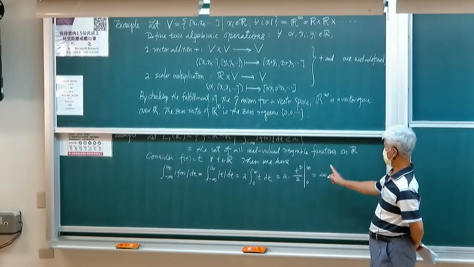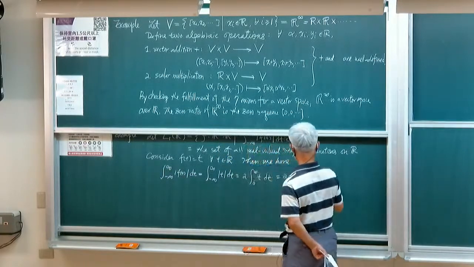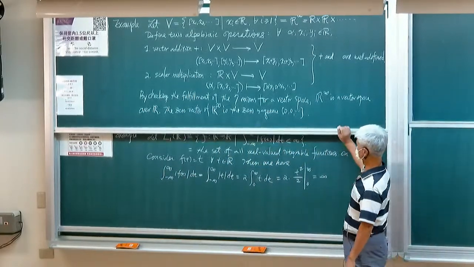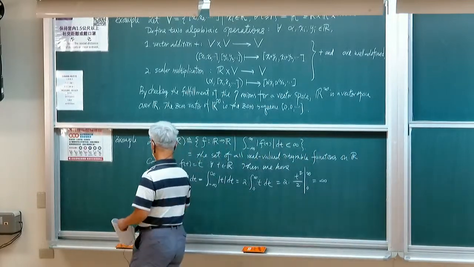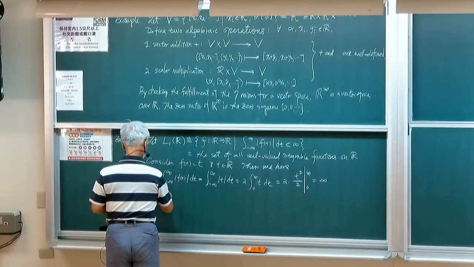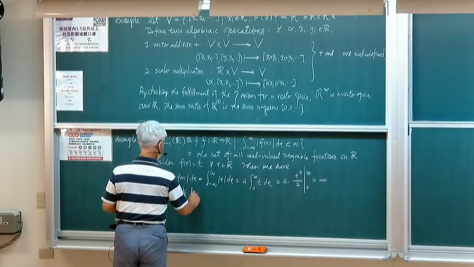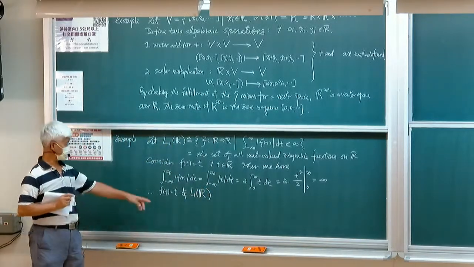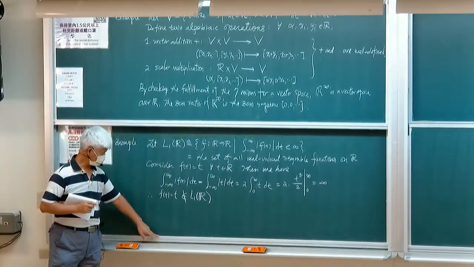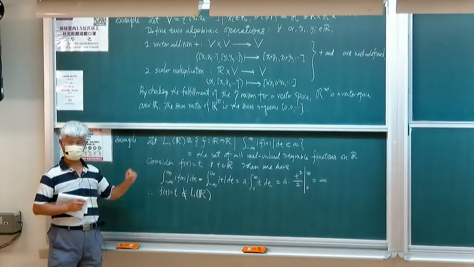So the integral is infinity, which is not finite. So this means that f(t) equal to t is not in our L1(R). Such a very common function is not in L1(R).